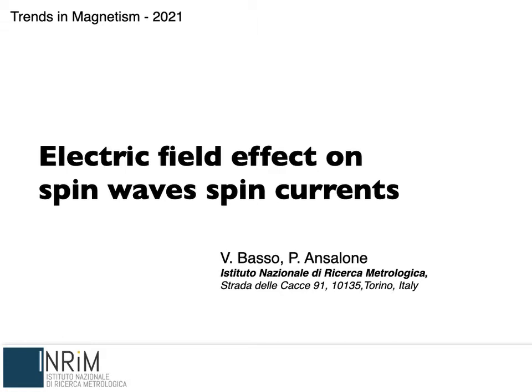So, the aim of this work is to study electric field effects on spin current in quite a general framework. To present our results, I will start from quite general observations regarding the motion of particles in electromagnetism.